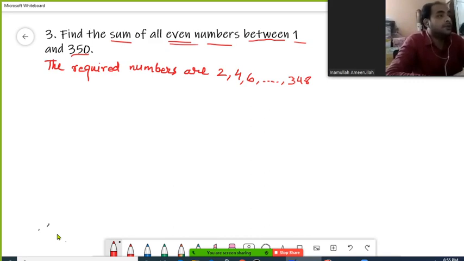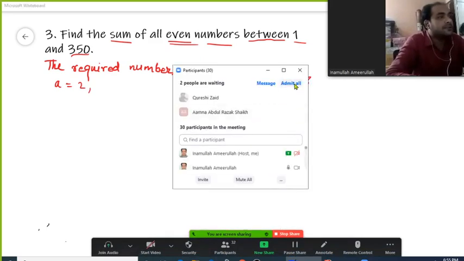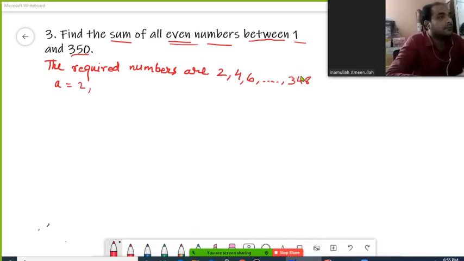So here we have a as 2, common difference, that is T2 minus T1, is 2, Tn is 348, that is the last term of the sequence. n we need to calculate, and the sum of n terms.